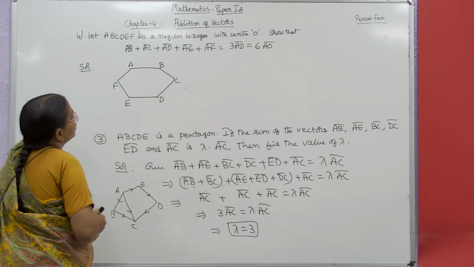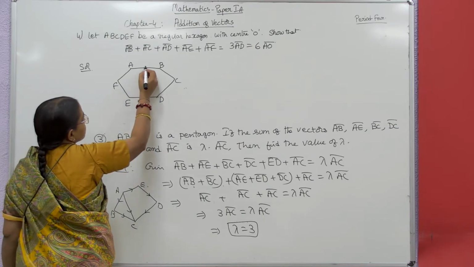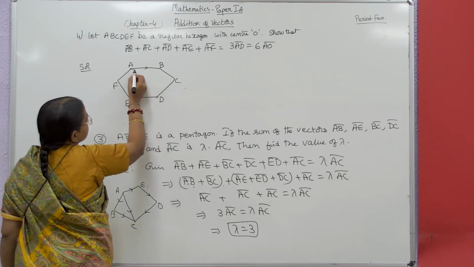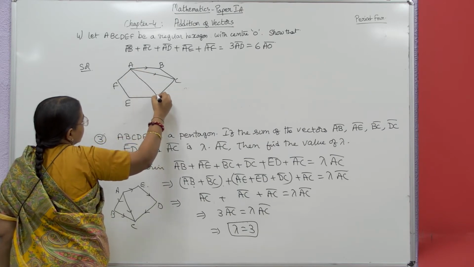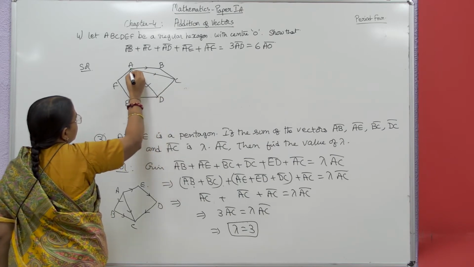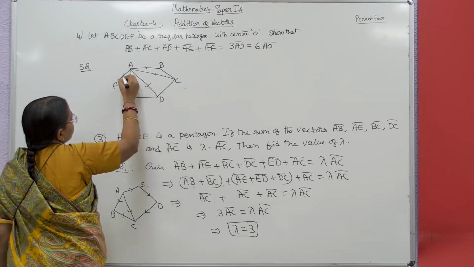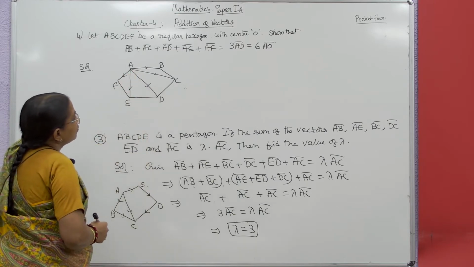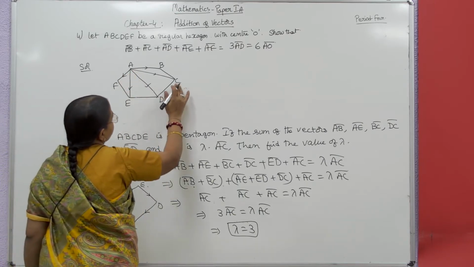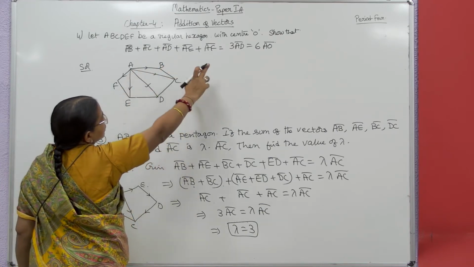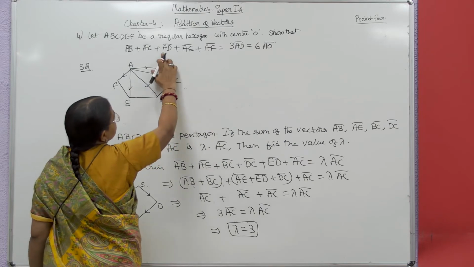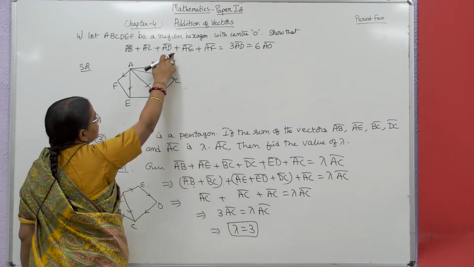Now AB, this is given. Next AC. Next AD. Next AE and AF. These are all given. So now what you do is, AB, you should write in terms of AD. One AD is already there, so we'll not disturb this.